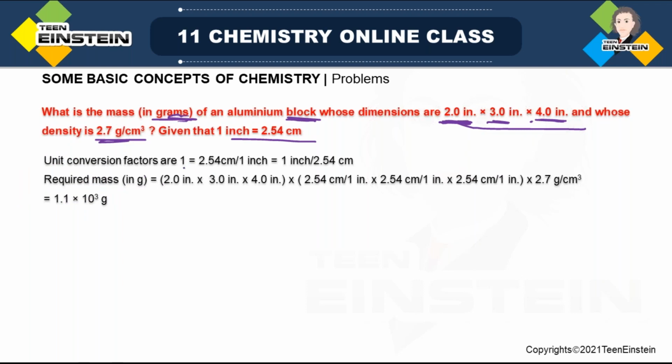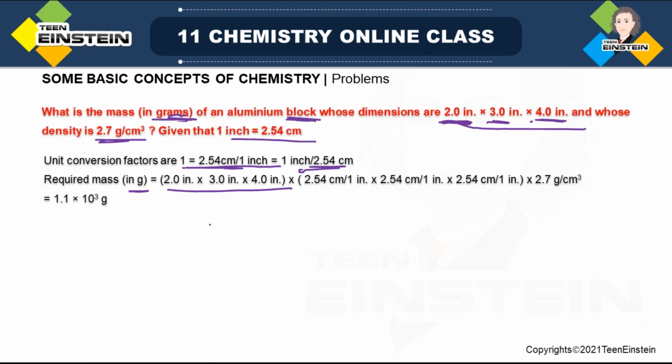So we already know that 1 inch is equal to 2.54 centimeter. That means 1 is equal to 2.54 centimeter per inch, or the opposite one also you can say. But you don't have to bother about all this. Just look at the calculation. The required mass, which we have to find in terms of gram, you have to keep in mind. So this part, which is already given in the question, when you multiply it, simply it will be 2 into 3, 6, 6 into 4, it is 24.